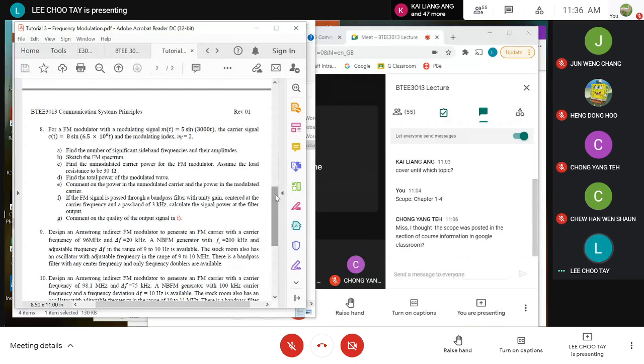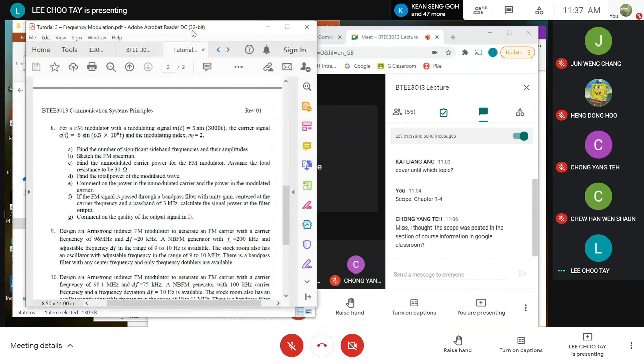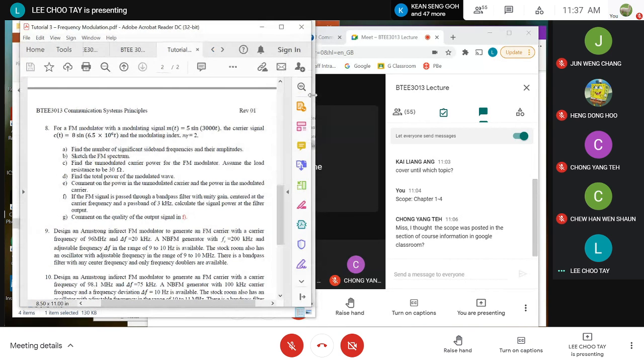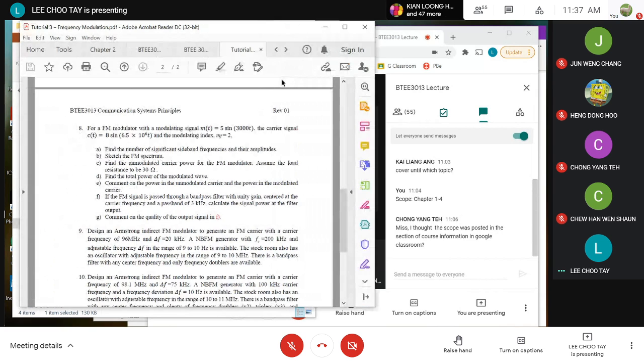In question 8, we have an FM modulator with a modulating signal m(t) equals 5 sin 3000t.